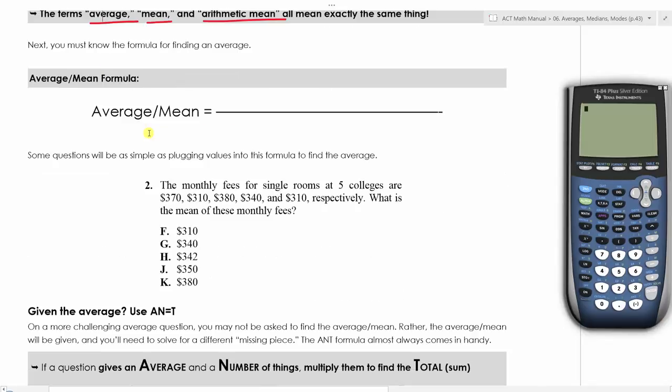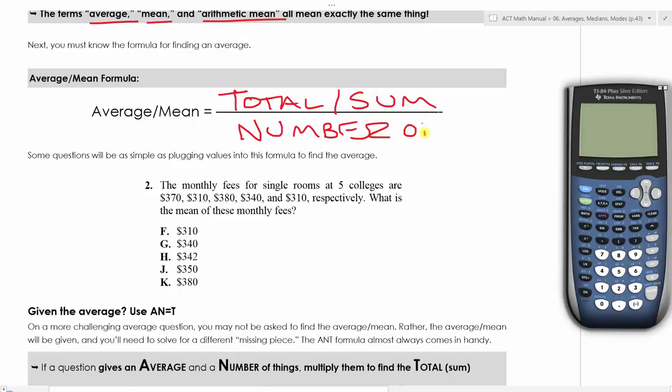In terms of the average or mean formula, again, remember average and mean mean the same thing. Remember that what you do is you add everything together to get the total, or sum, over the number of things.